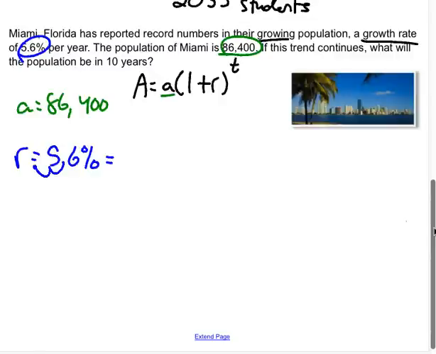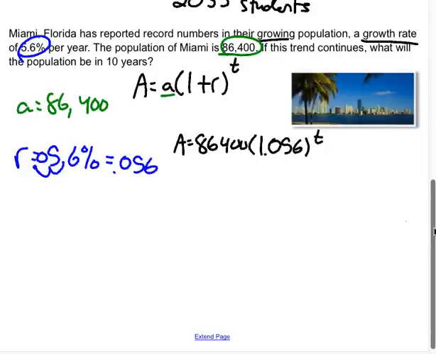So I move my decimal place 2 to the left, introducing a placeholder 0. So now let's plug all that in. So I have 86,400. 1 plus that rate is just going to be 1.056 to the t.